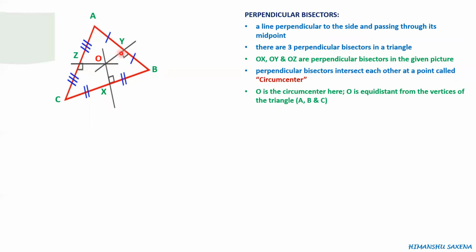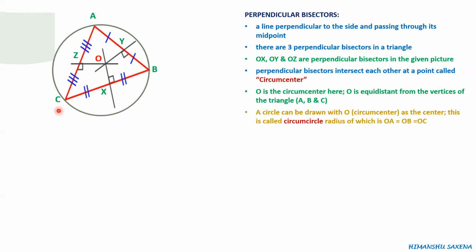Wherever these three perpendicular bisectors intersect each other, that point is called the circumcenter, and we have represented it with O. The circumcenter O is equidistant from A, B, and C. So this is equidistant from the three vertices, and then we can draw a circle here, which is called a circumcircle.